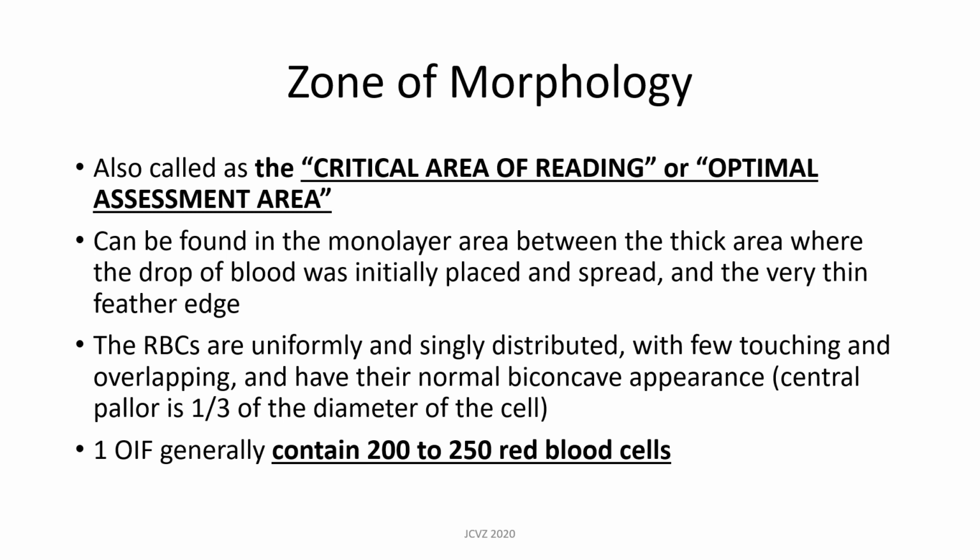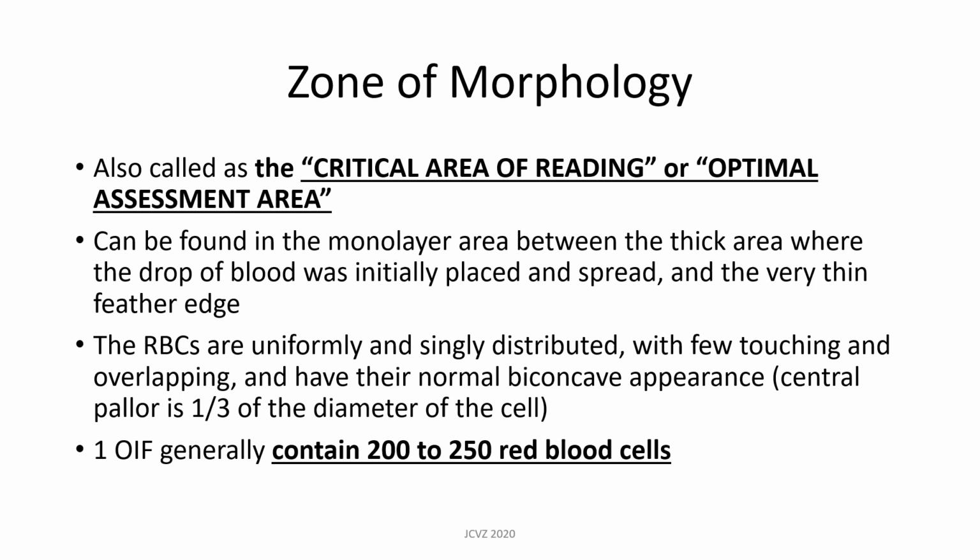So again, your zone of morphology is the monolayer area, or the area between the application point and your feathered edge. RBCs are uniformly and singly distributed. That's how your RBCs would look like in the monolayer area, with few touching and overlapping, and have their normal biconcave appearance with a central pallor of 1/3 the diameter of your cell.